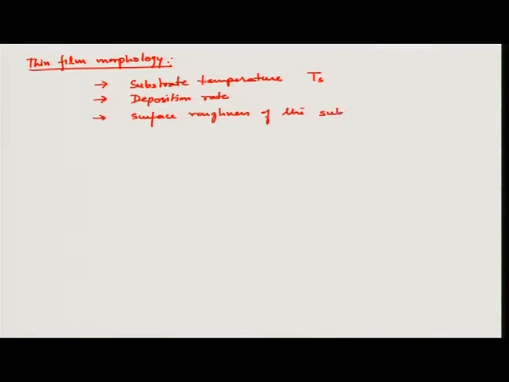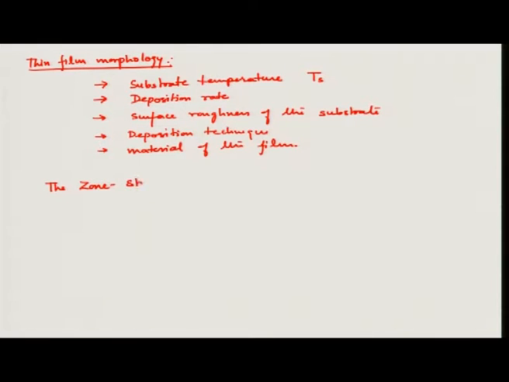This also influences how your thin film microstructure will look like. Then deposition technique, and also material of the film. So, these are certain aspects which influence the morphology of the thin film. So, now we come to the zone structure model.